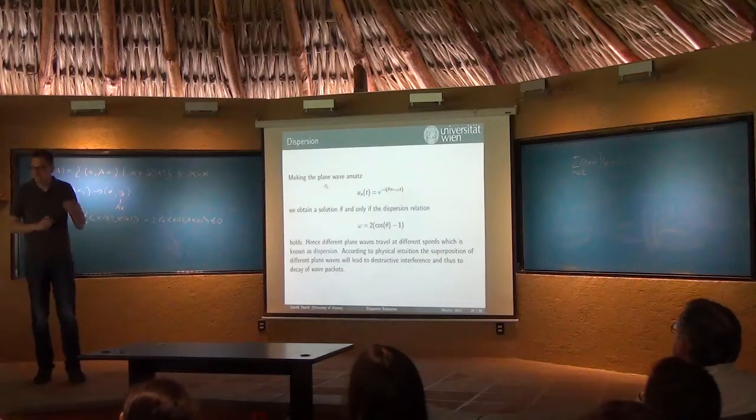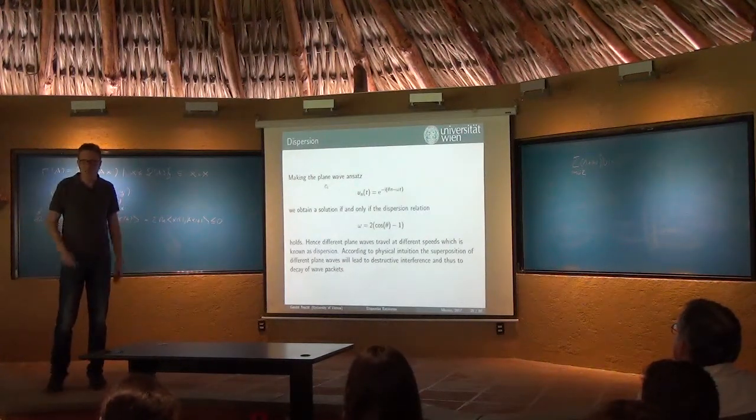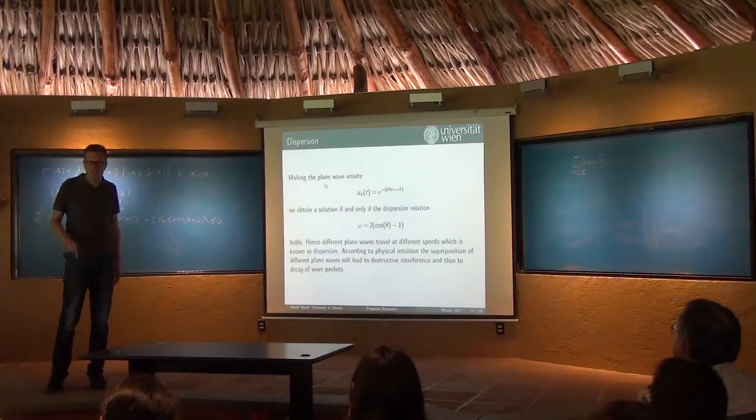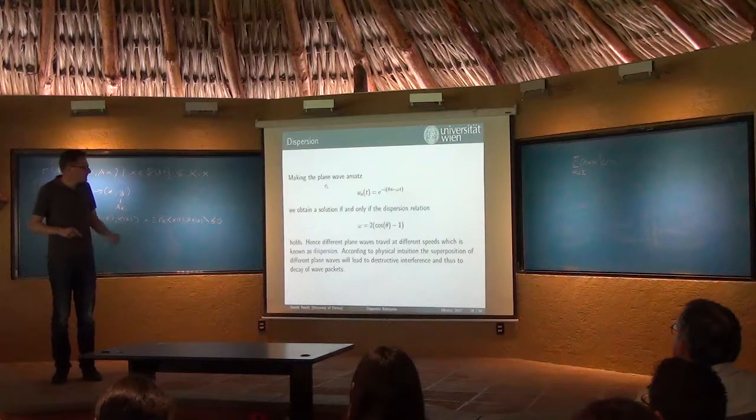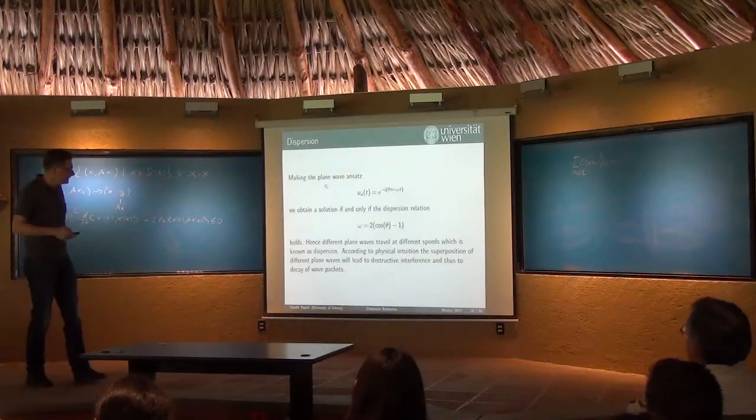At least this is what a physicist would explain to you, because if you write down, let's say, two sine functions, sine omega 1 t and sine omega 2 t, and add them, and the two frequencies don't match, then you will see that you get some decay, because some positive part will be added to some negative part, and there will be some cancellations.